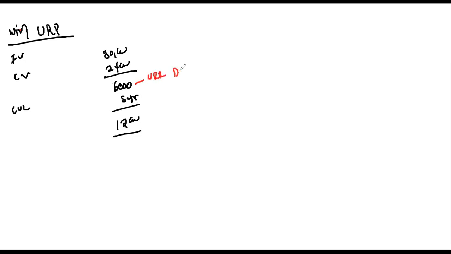We are going to debit our group retained earnings. This one is excess depreciation. We are going to credit our group retained earnings. So what this means is that we are going to remove the 6,000 from the profit and add back the 1,200. If we remove 6,000, this 6,000 already has 1,200 inside.